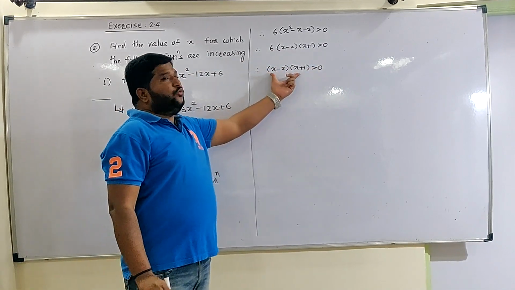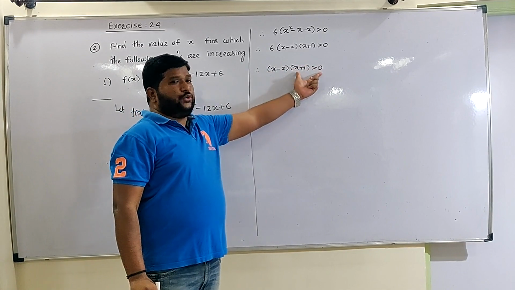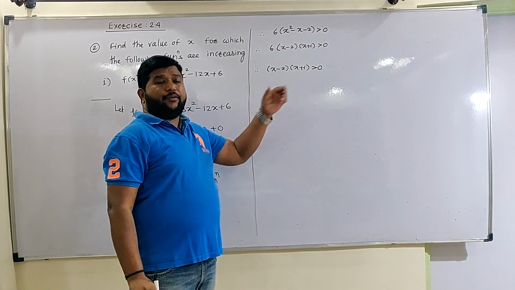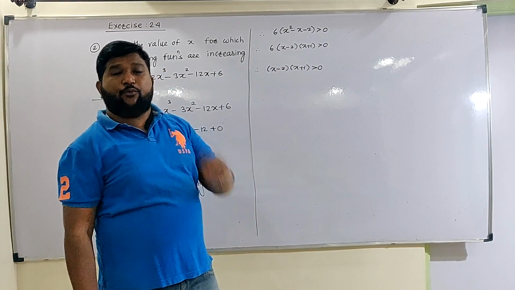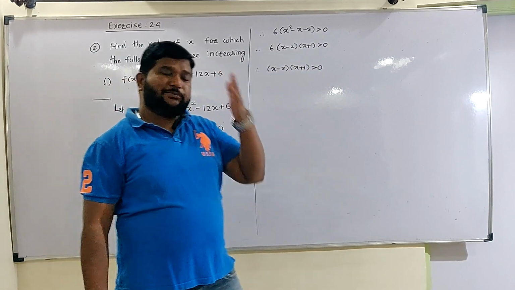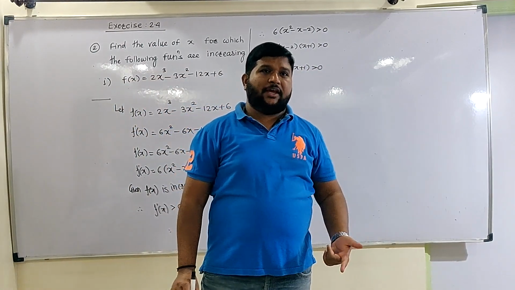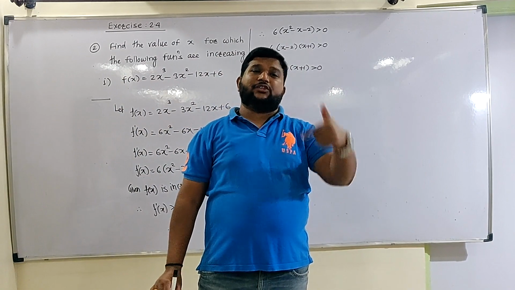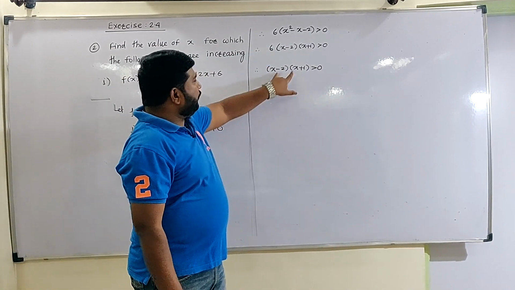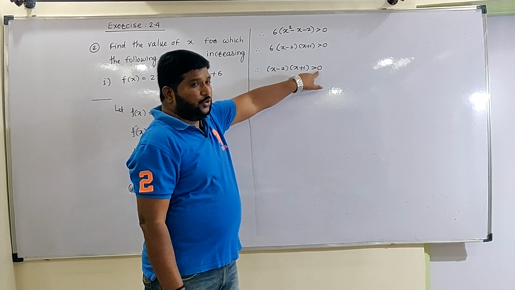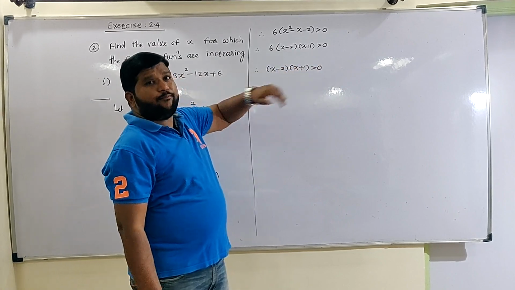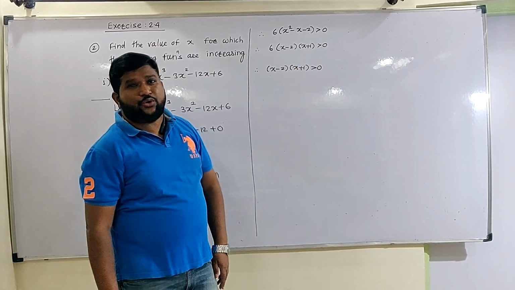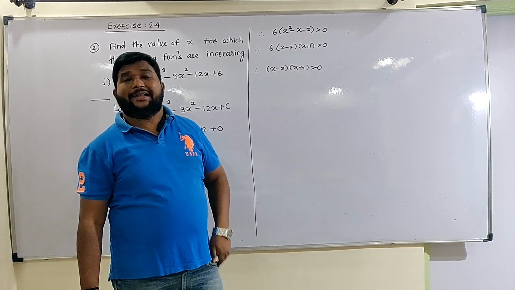The product of two factors greater than 0 means positive when both factors are positive or both factors are negative, because plus into plus is plus and minus into minus is also plus. So the product of two factors is positive when both factors are greater than 0 or both factors are less than 0.